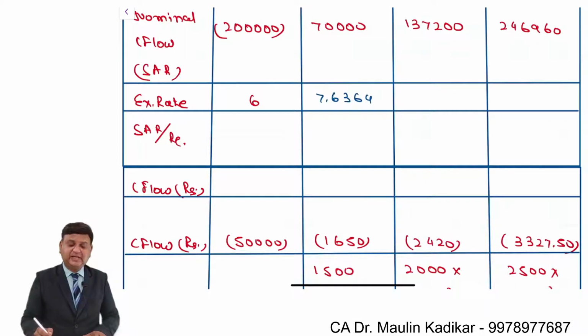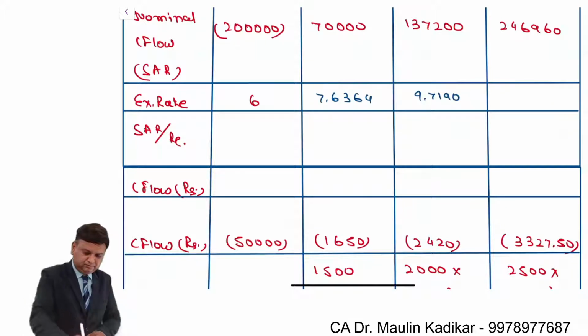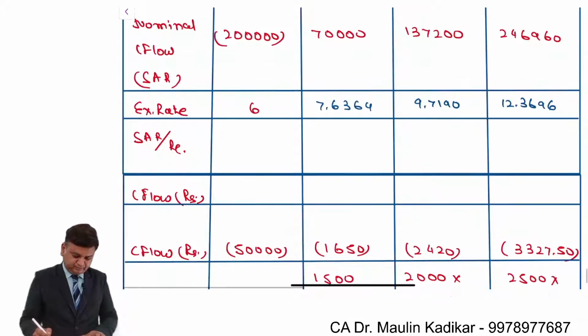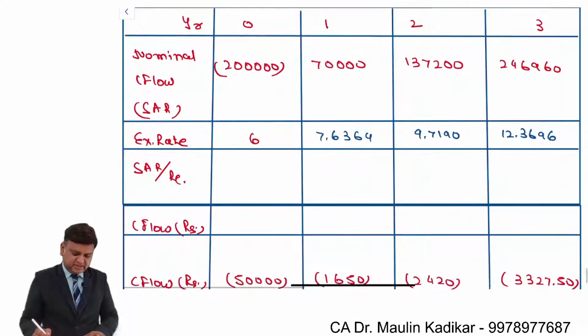End of year 2 it is 9.7190. Third year it is 12.3696. These are the exchange rates.